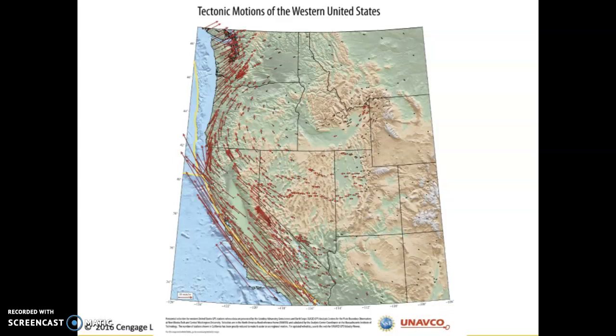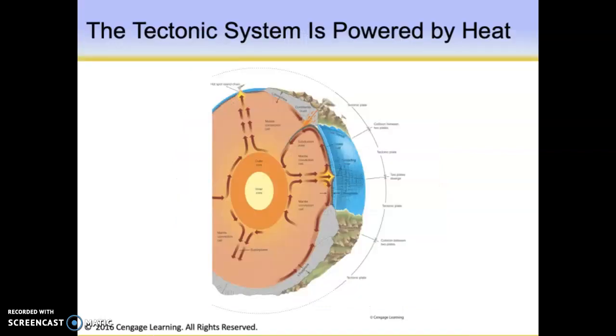So this is the kind of detail we can get with global positioning systems that confirms the motion of the plates. So the last question we have really with plate tectonics is, what causes this? And so we've got this nice diagram from your book, and it shows the circulation of the Earth's mantle. So at the heart of plate motion is mantle convection. We're heating the mantle up at the core mantle boundary.